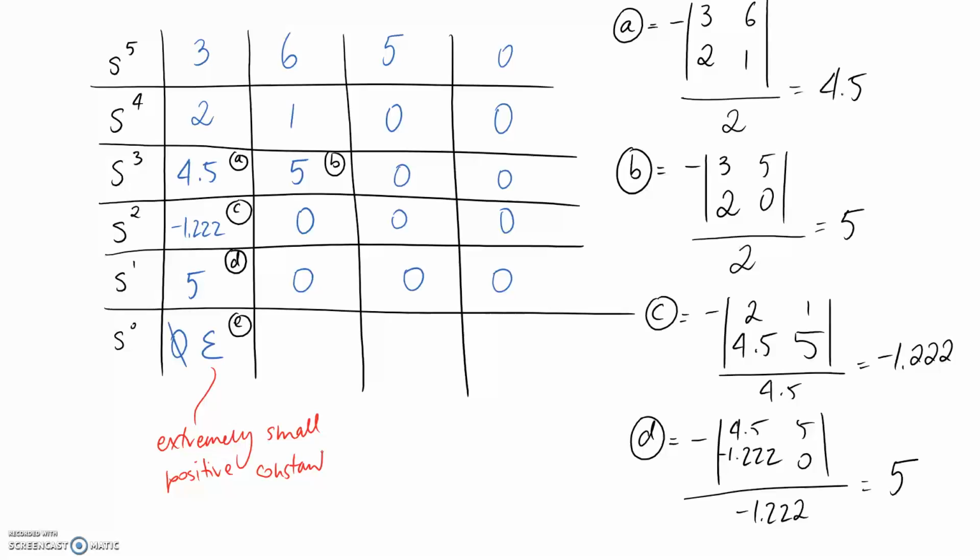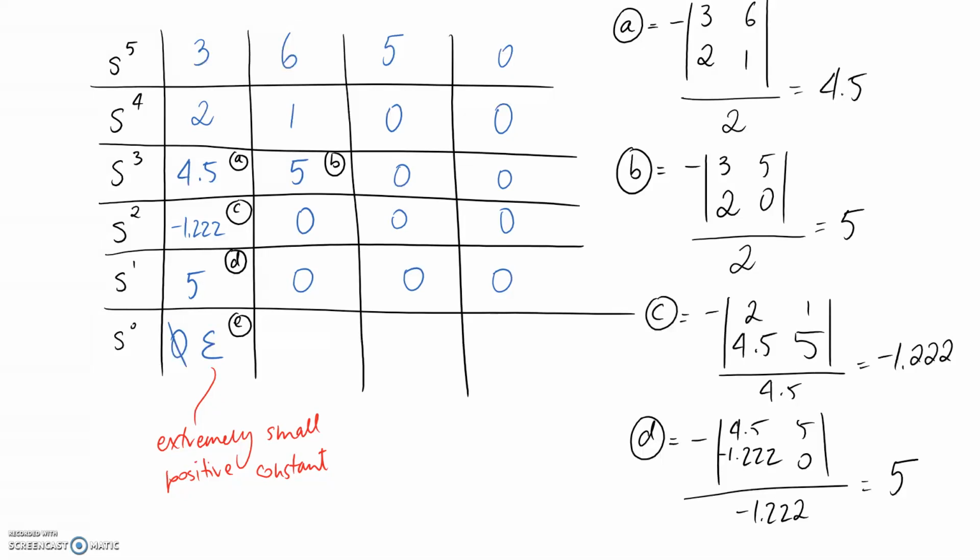And that's just going to help us with figuring out the sign changes. Because obviously if something is 0, it's not positive or negative, so it's a bit difficult. And if this had happened further up in our column, then we would have left it as this epsilon, and we would have carried down epsilon just as if it was an extremely small positive constant.